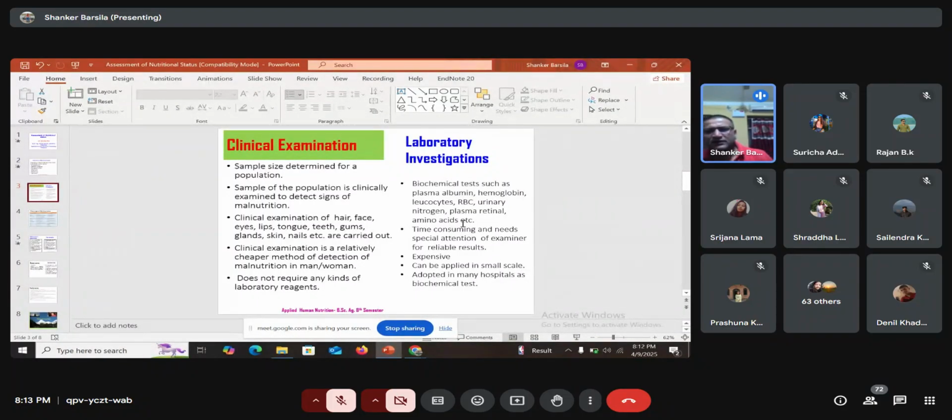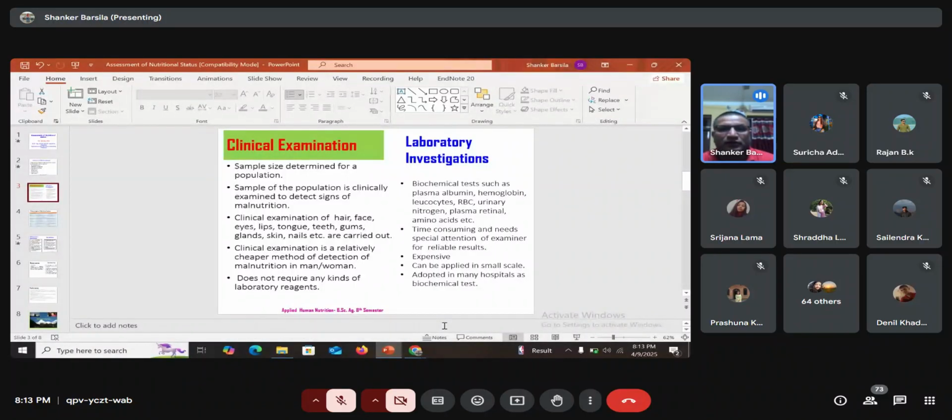And actually, these laboratory investigations might be a time consuming exercise and need special attention of the examiner for reliable results. And it may be expensive based on the type of biochemical test and can be applied on a small scale or on a large scale, and it is adopted in many hospitals as the biochemical assay.